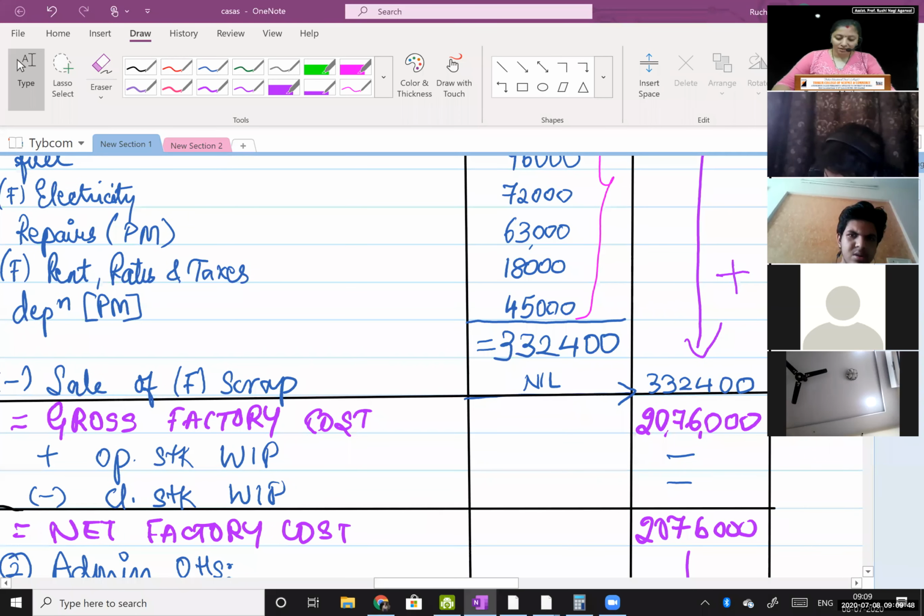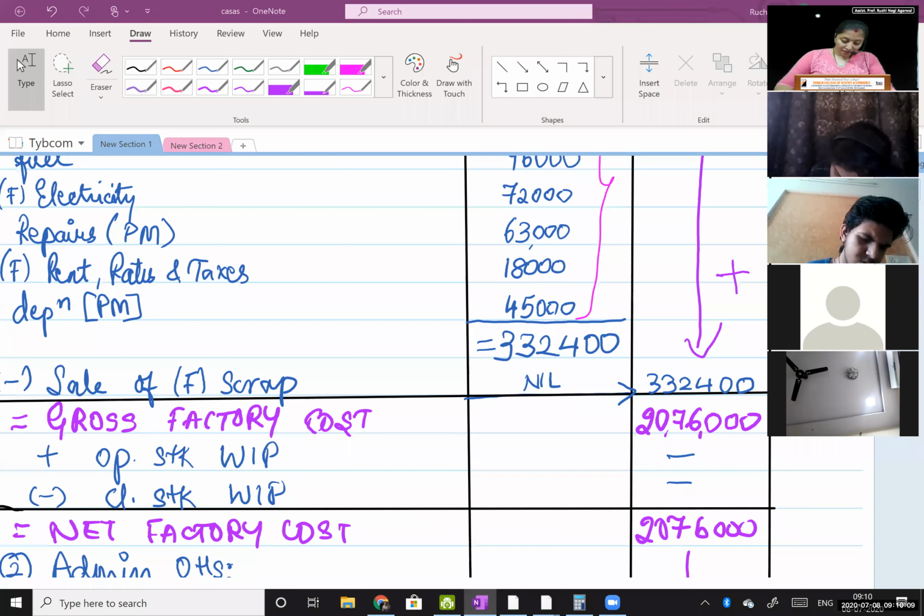Is it clear till here? Acknowledge it in the chat box. This sum we had already discussed in the last lecture, and we had started solving the cost sheet as well. Okay, fine. Great.